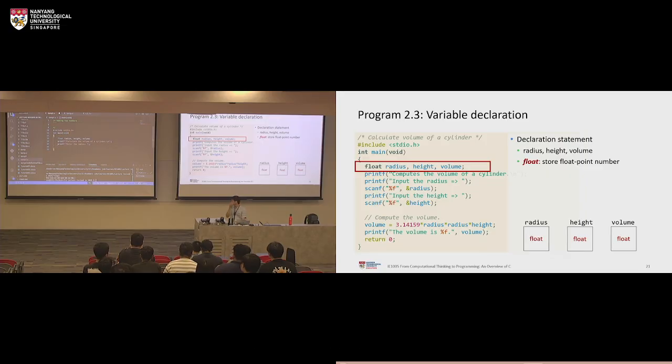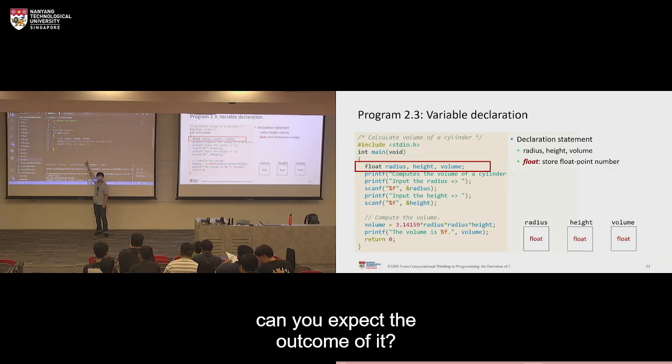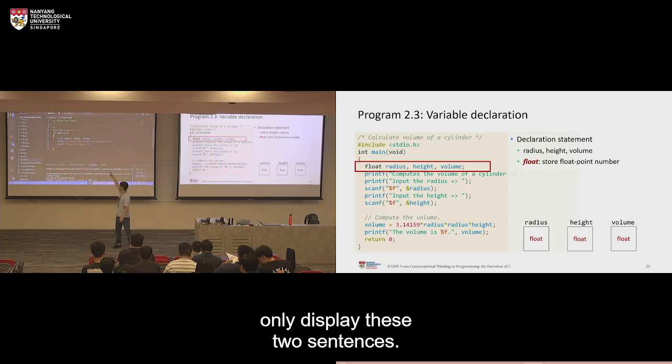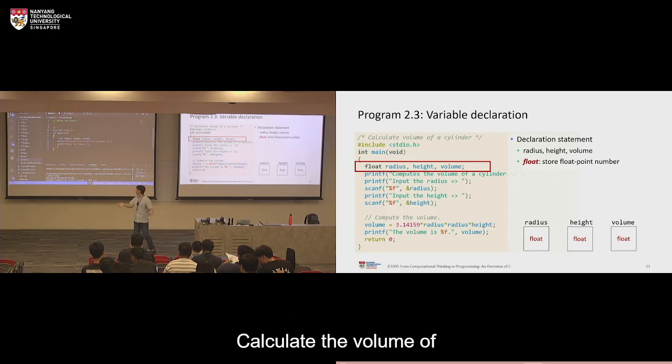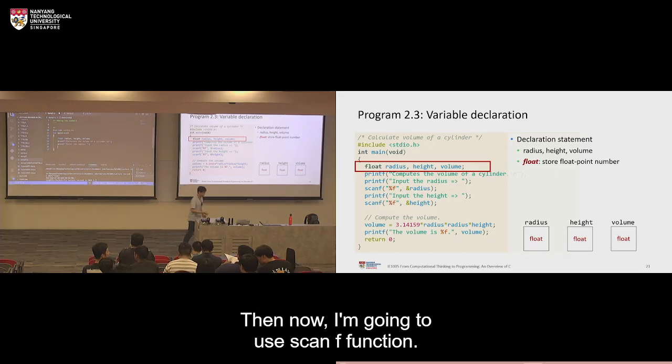Then what's next? If you stop writing code, can you expect the outcome of it? It's quite obvious. You will only display these 2 sentences: calculate the volume of a cylinder, enter the radius.